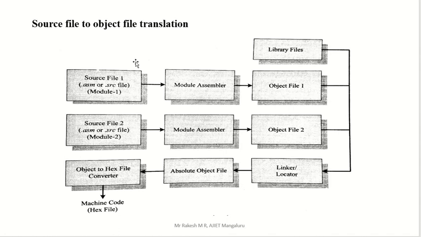And here is another point: assembly level language is a low level language, and a human understandable language. But the processor will understand only binary language. So the human understandable language can't be understood by the processor.